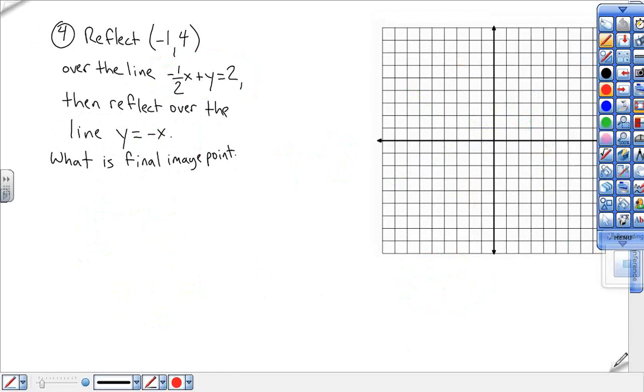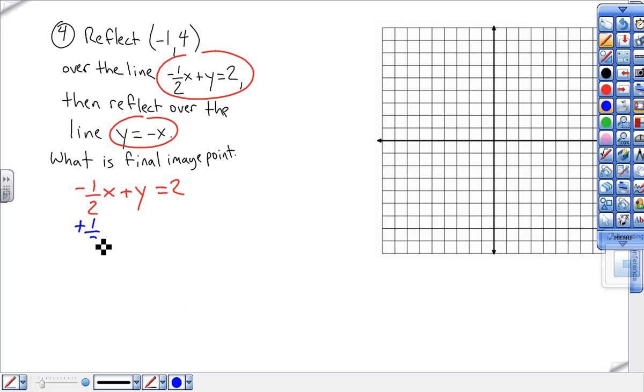Alright, number 4. 4 is tough because I have to solve this for y, and then graph it over the negative diagonal lines. So if I take -1/2 x plus y equals 2 and add 1/2 x to both sides, those will cancel away and give me y equals 1/2 x plus 2.